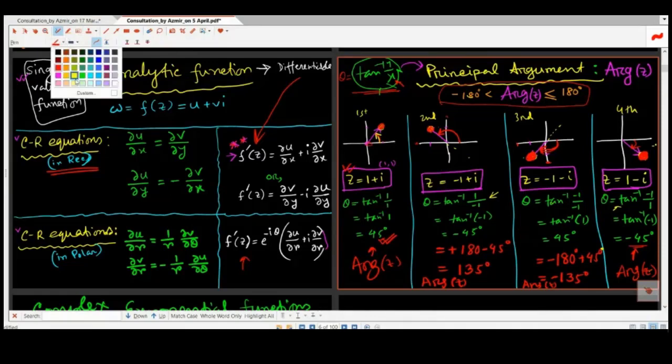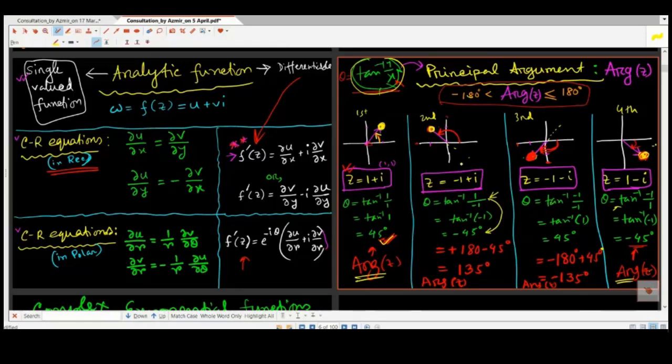So from now, you can find a pattern. A complex number may be in the first, second, third, or fourth quadrant. If a complex number is in the first quadrant or fourth quadrant, then the formula that we have for the argument will give us a result, and that result will definitely be the principal argument. We don't need to adjust anything. But if the point is in the second quadrant, then the result we are getting from this formula will not be accurate.